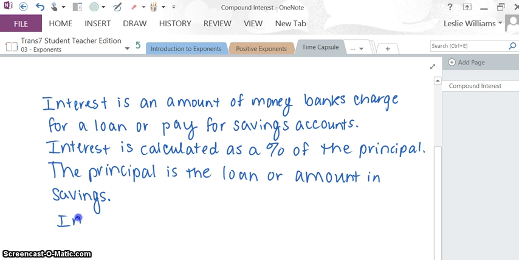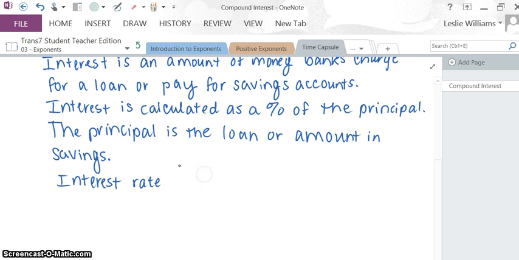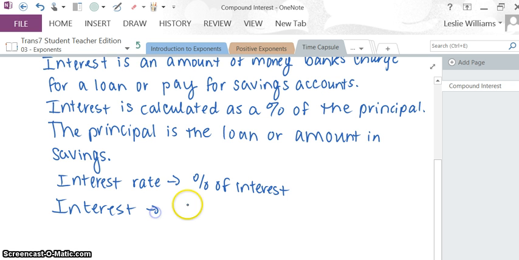And interest rate is what we call the percentage of interest. Interest is the actual dollar amount. And it can also be referred to as the return.